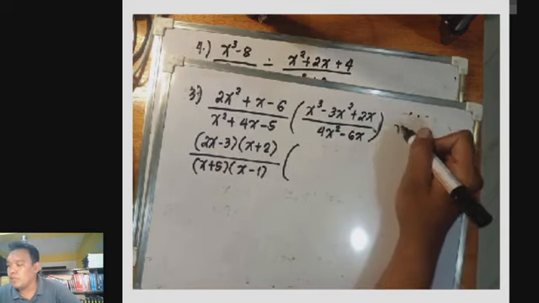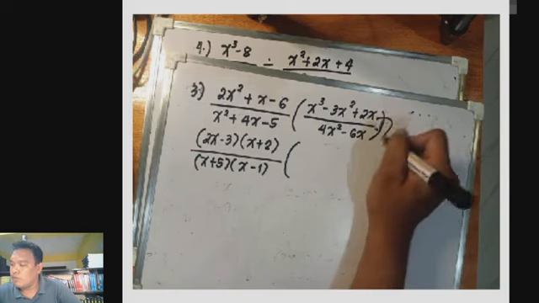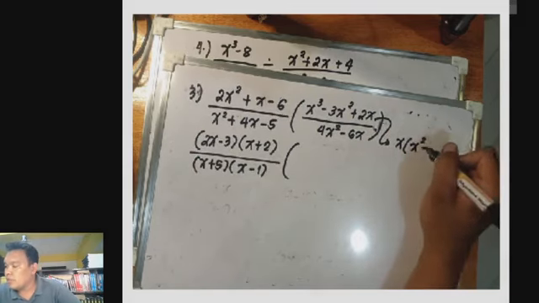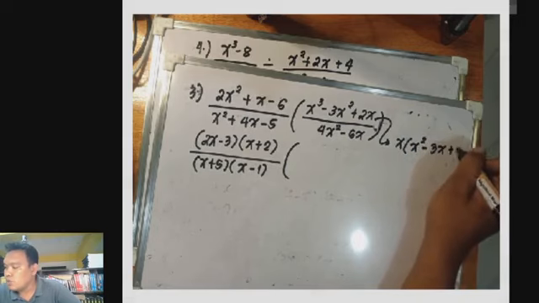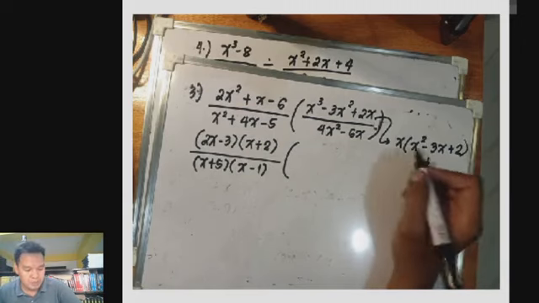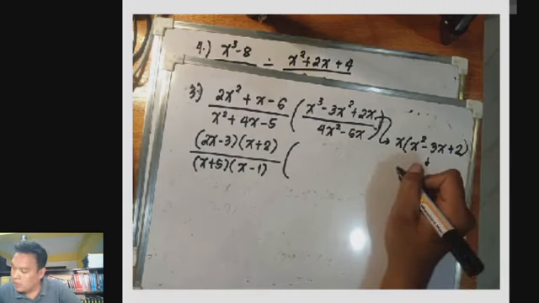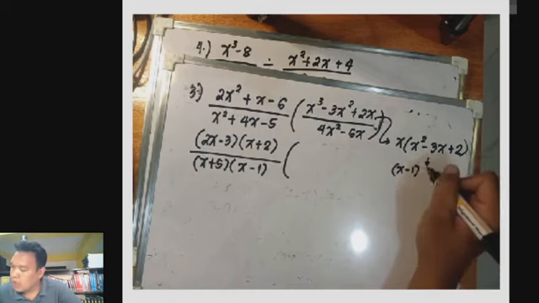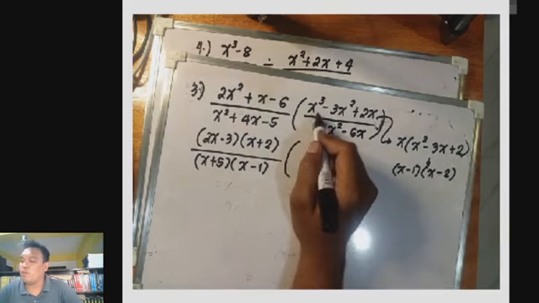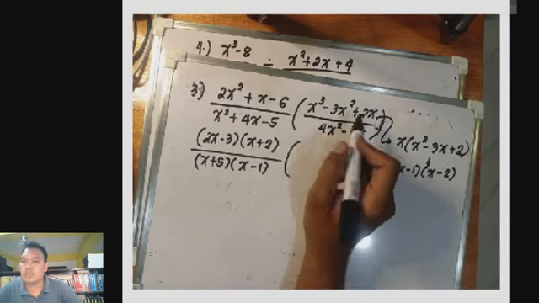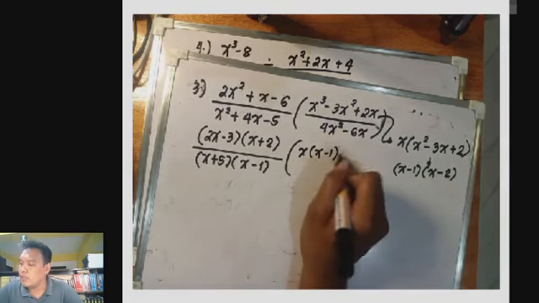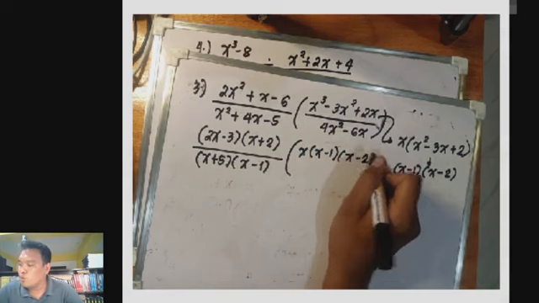Multiplied by the factor of x cubed minus 3x squared plus 2x. Diba? Pwede kong ilabas yung x dyan. So the factor will be x times x squared minus 3x plus 2. Then this one can be factored into x minus 1 times x minus 2. So lalabas, the factor of x cubed minus 3x squared plus 2x will be x multiplied by x minus 1 and x minus 2.